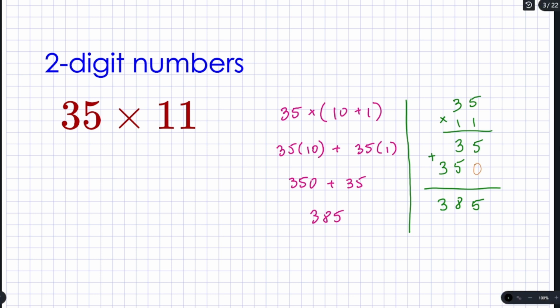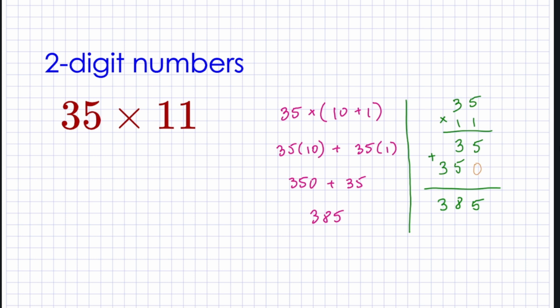Now what we want to notice here is that the 5 in the singles digit got added with a 0, so it remained a 5. And then in the middle, we have a 3 added to a 5, and we got 8. And notice that the 3 and the 5 are the original digits of the number we were multiplying by 11.